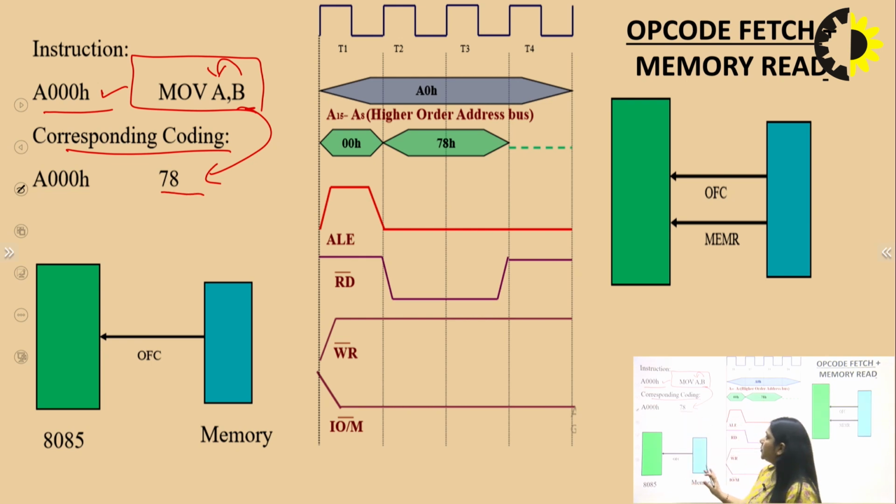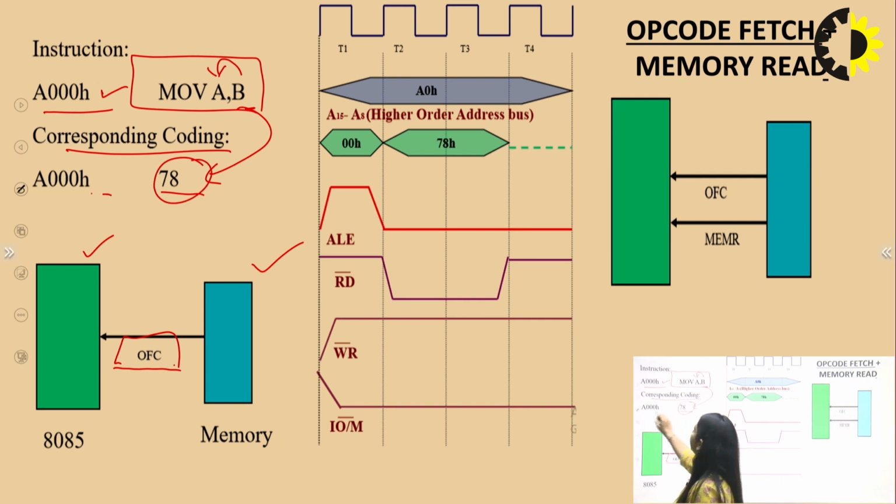This is the 8085 microprocessor, and this is memory. The microprocessor will do an opcode fetch from the memory. That is why the direction is from memory to microprocessor. The microprocessor is reading the opcode from the memory, and this opcode is given at the particular address 8000H. Now let's start with the example.